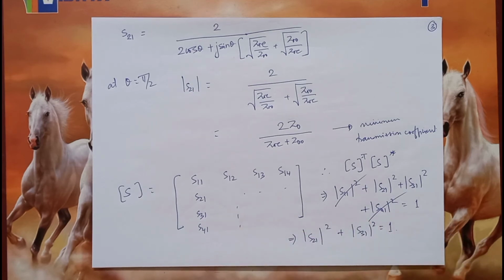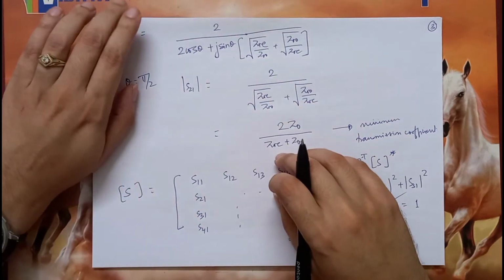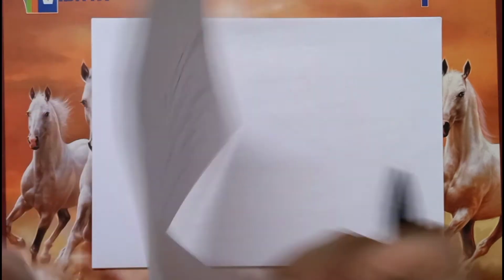The more power you couple to the second conductor, the less is the power that reaches the other port of the main conductor, and the less is the power coupled to the second conductor, the more is the power that reaches port 2 of the first main conductor. That is something very important to know. This is a consequence of the unitary property, and that is a consequence of the law of conservation of power.